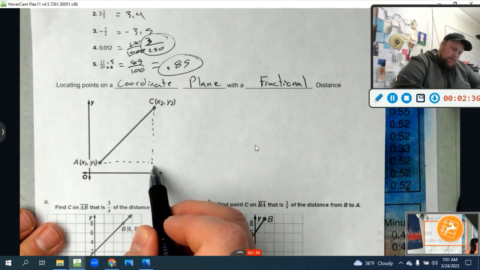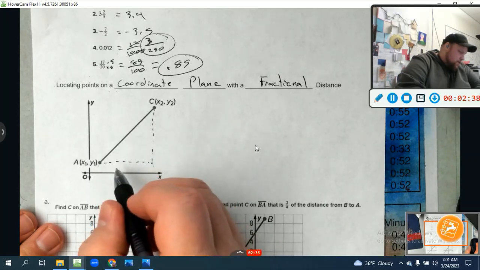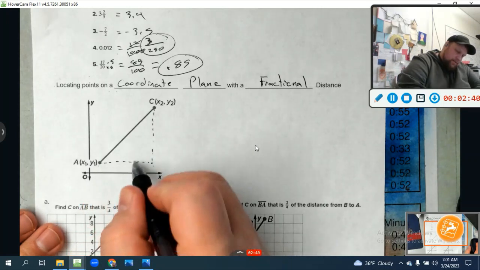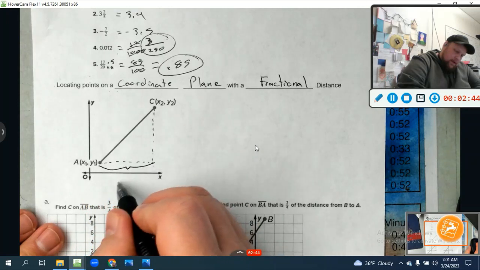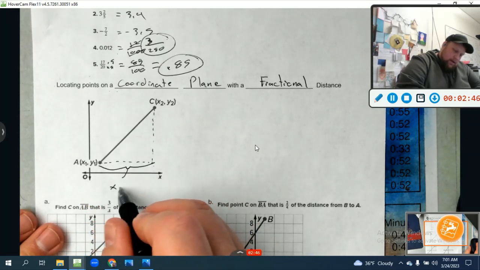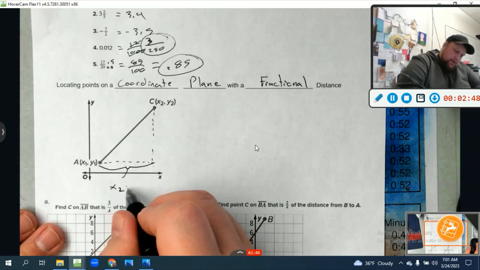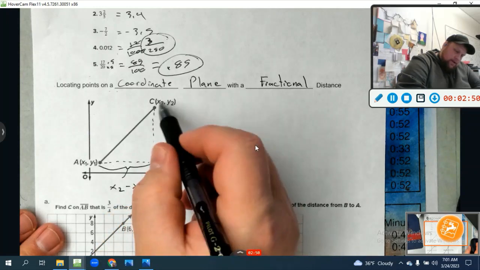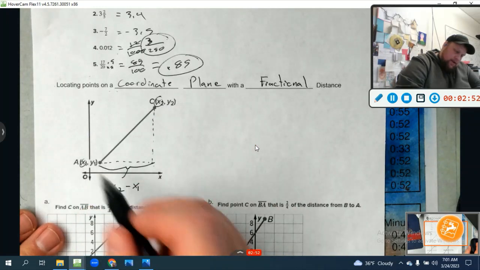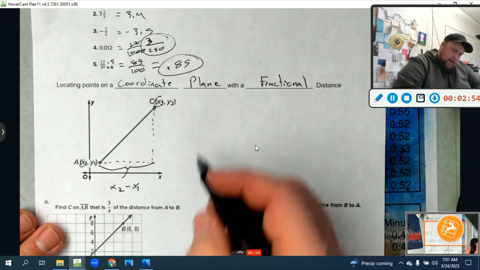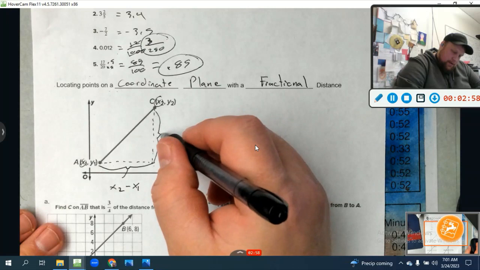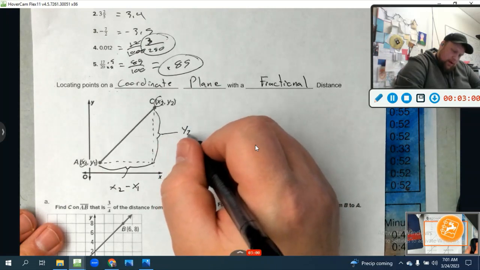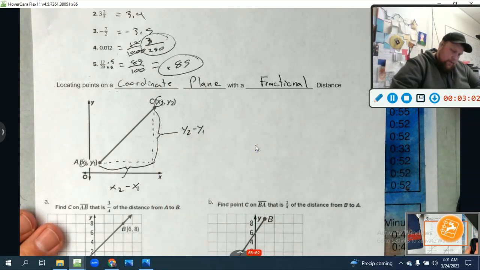This is my x values, so this distance right here is going to be x2 minus x1. It's the difference in these 2 x values. And then my vertical distance is going to be my y2 minus y1.